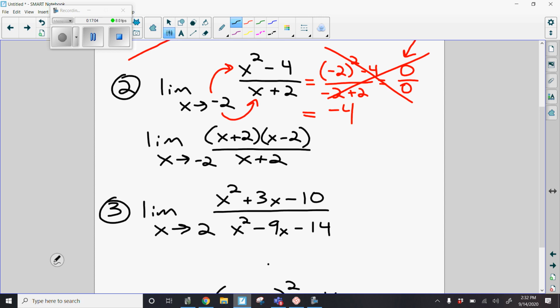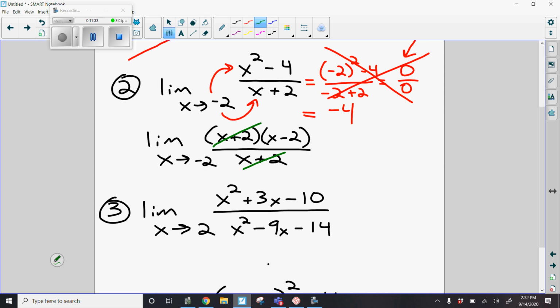Now, when I do that, something really nice happens. What happens is I can cancel out an x plus 2 on top and an x plus 2 on the bottom. That's getting rid of the 0 that's being caused on top and the 0 that's being caused on the bottom, right? Plugging in -2 to x plus 2 will always make 0, and I'll always have a 0 in the denominator, which is a big problem.